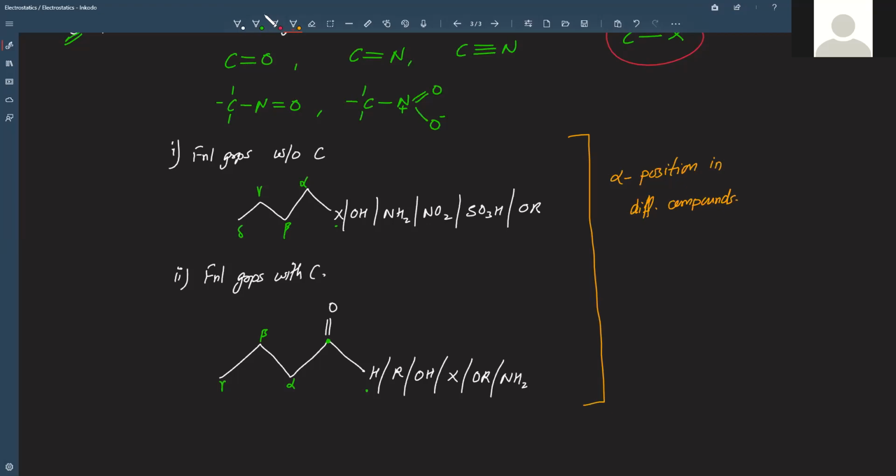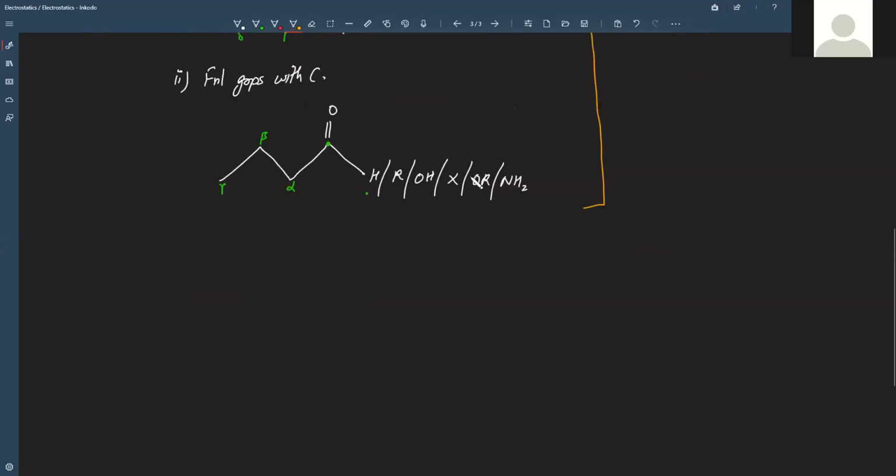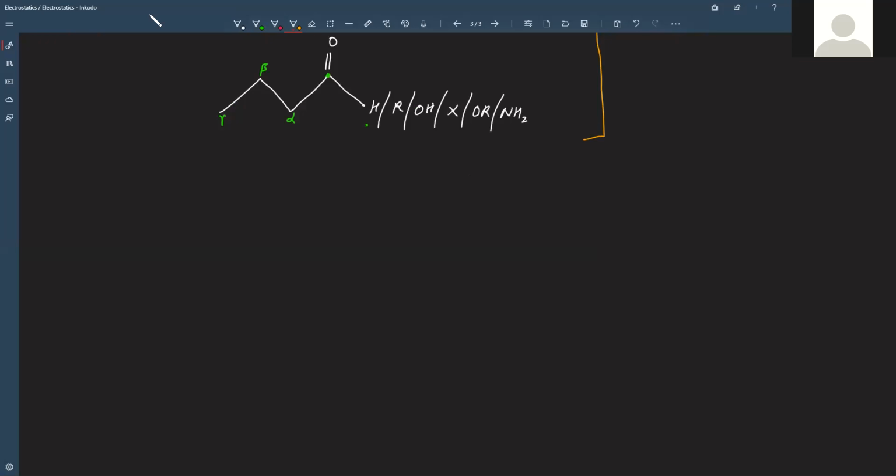If it is with carbon, we have to leave that carbon which is part of the functional group and then start giving positions alpha, beta, gamma, and delta. Once we are clear with that, we go to the next structural requirement, that at least one hydrogen should be there at the alpha position.